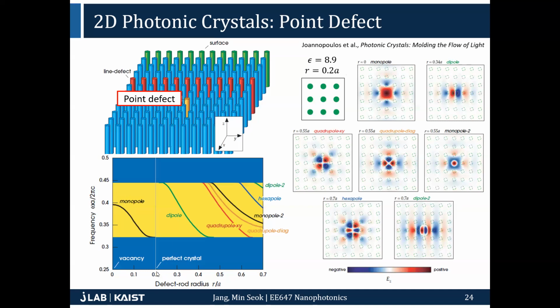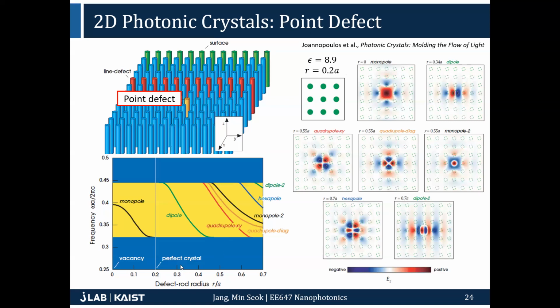Now, if your cylinder is larger than the original cylinder, you start to have higher order modes. So if it's 0.34a, which is somewhere here, then now you have a dipole mode. You see here, plus minus, so there's a plus minus oscillating. This is the dipole mode, right?